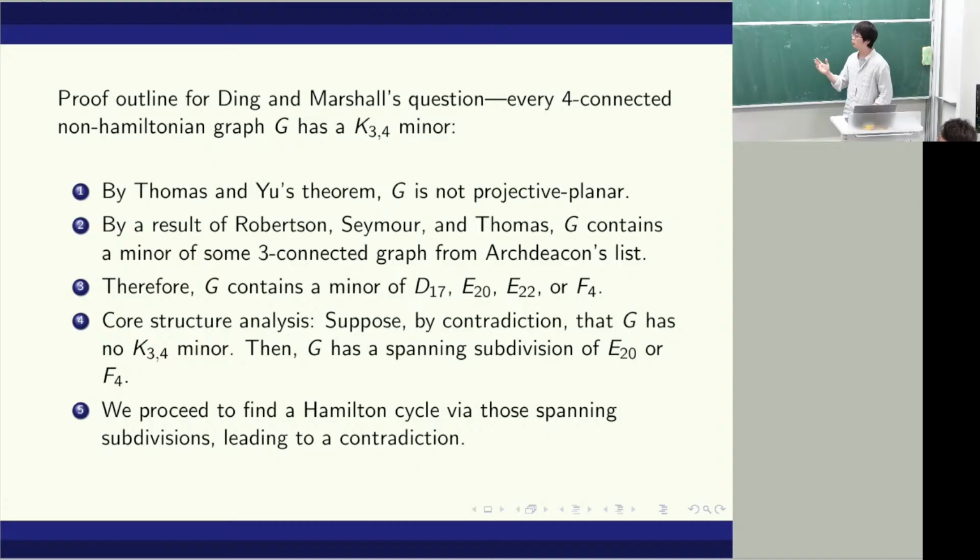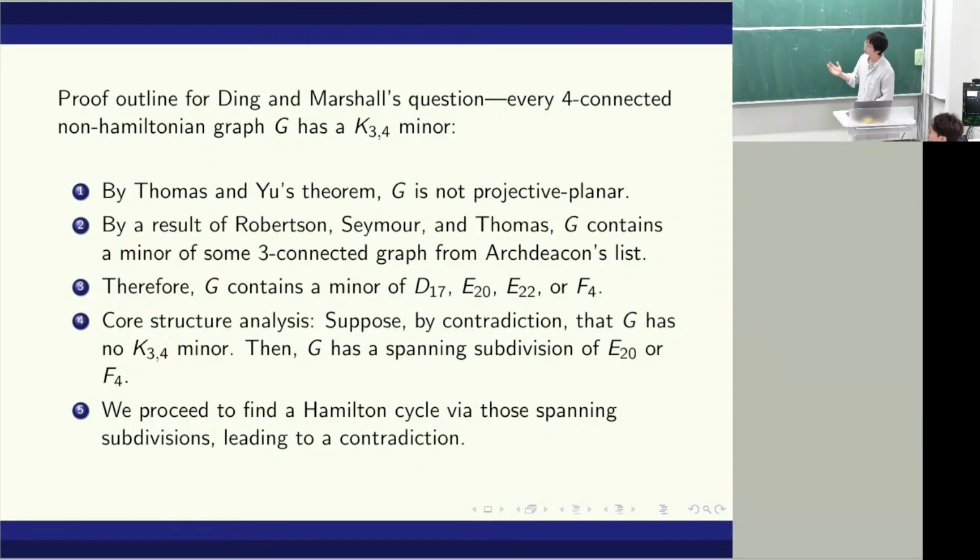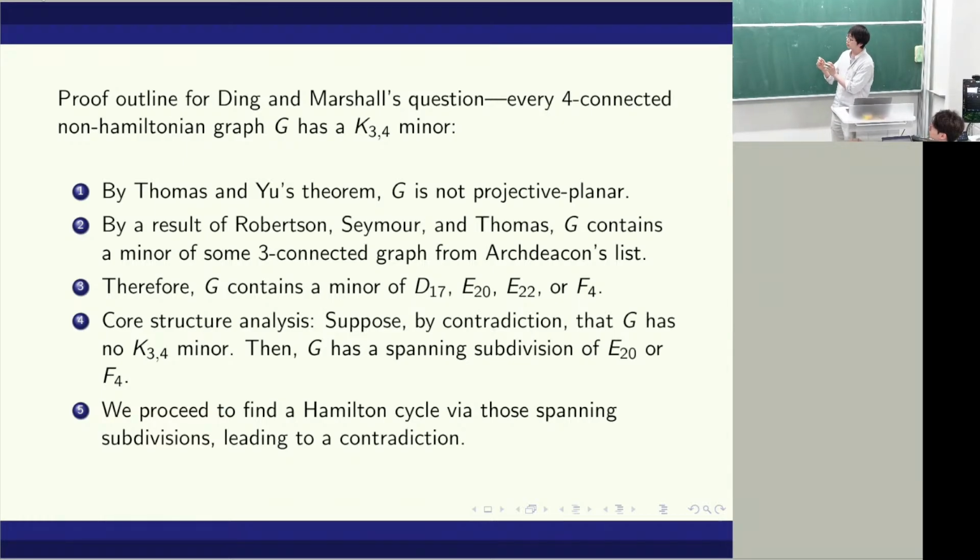Then it is a well-known result of Archdeacon that if the graph is not projective planar, it must contain certain minors. It is a Wagner type theorem. The Wagner theorem is about non-planar graphs, and Archdeacon's theorem is about non-projective planar graphs.